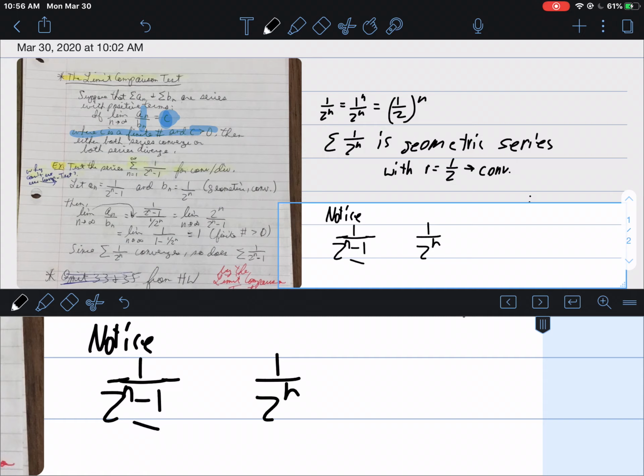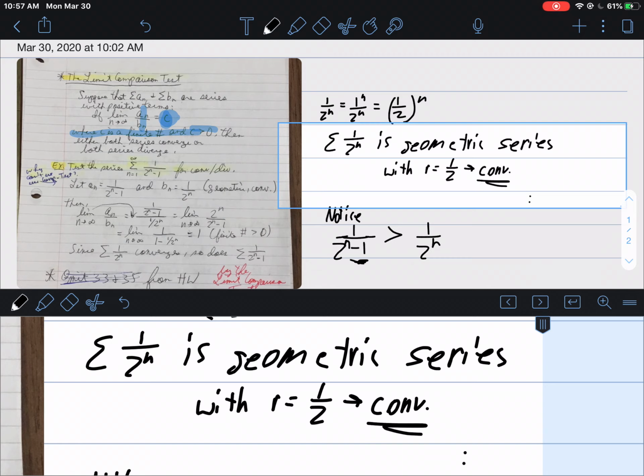Well, we decreased the denominator over here, which means we made the fraction larger, right? So if I take 2 to the n and subtract 1 in that denominator, the fraction gets larger. So then the comparison here, in terms of a direct comparison, our series is larger than a convergent series, okay?